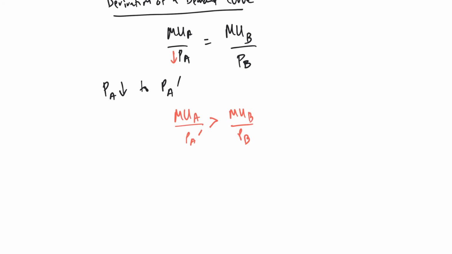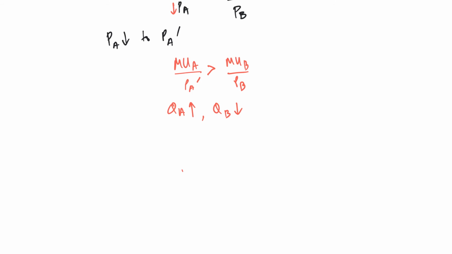That the marginal utility per dollar spent for apples is more than the marginal utility per dollar spent for bananas, for example. You will buy more of apples and less of bananas. In this example, we have bananas and not oranges. Suddenly I changed the fruit, so don't get upset. You buy more of apples, and what happens as a result of that? MU of A would start to fall. MU of B would start to rise because of the law of diminishing marginal utility.